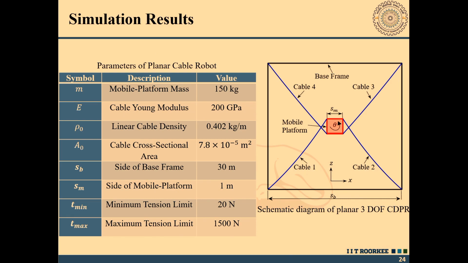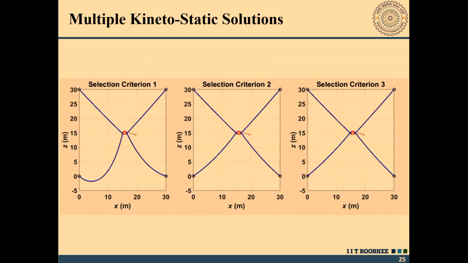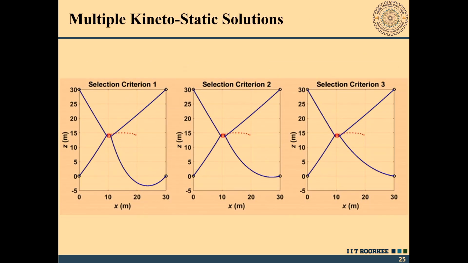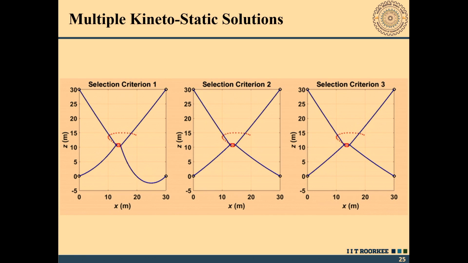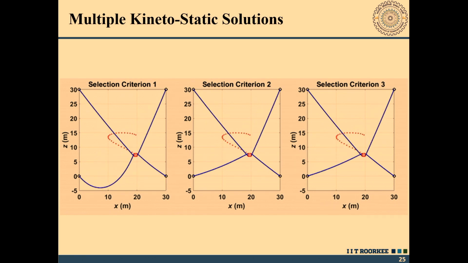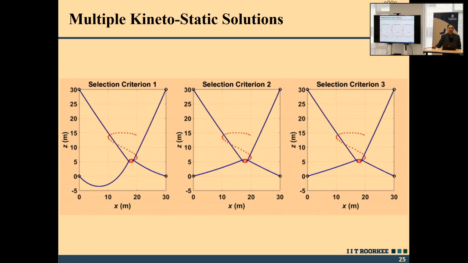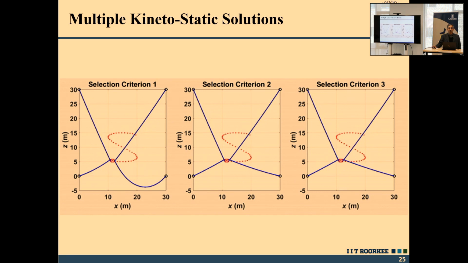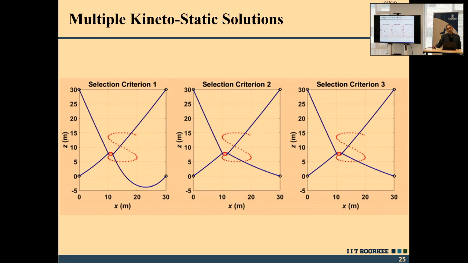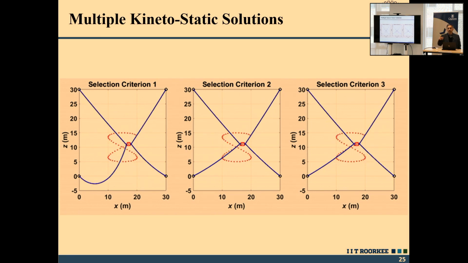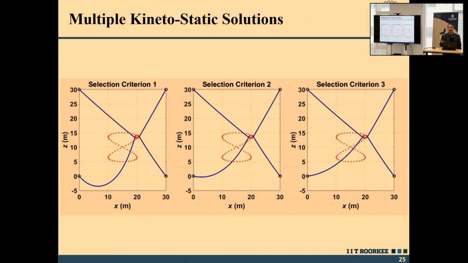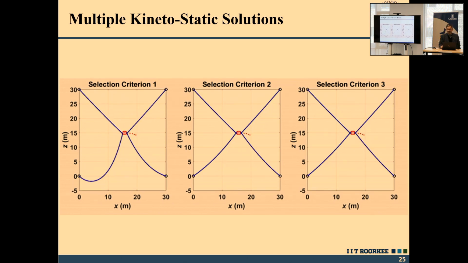So, we considered that this is actuated by 4 cables. So, here are some of the animation results as per those 3 selection criteria. Selection criteria 1, 2 and 3 for a figure-8 type of motion of the mobile platform.